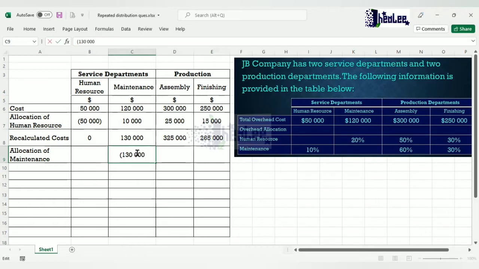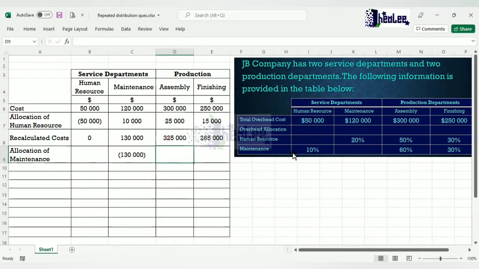All of that will be allocated among the three departments: the human resource, the assembly, and the finishing. We are doing the repeated distribution. So you're going to find that when you move on to another step, the cost from one service department will be allocated to another service department until the value is minimal.